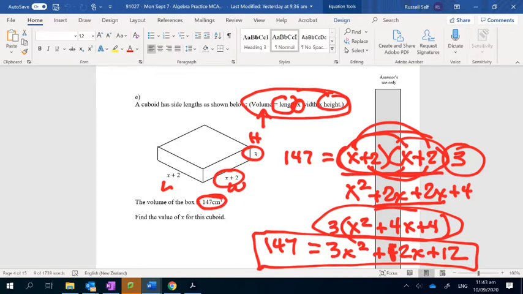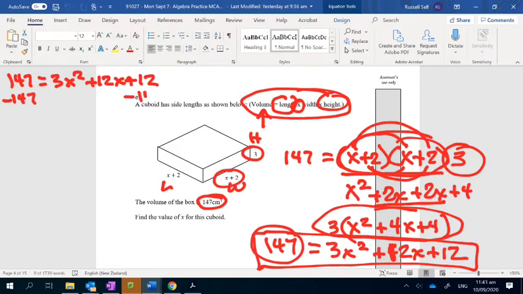Yeah, it's a trinomial. So we have to set it equal to what? 0. So that means I need to move that positive 147 to the other side. So it's 147 equals 3x squared plus 12x plus 12. To move the positive 147, I'm going to subtract it from both sides.